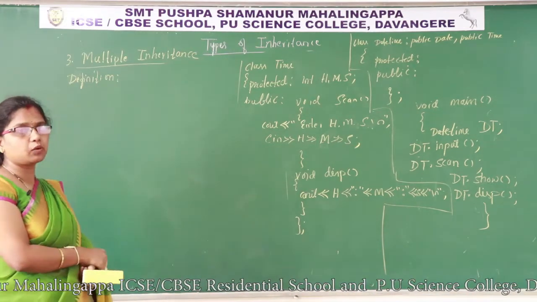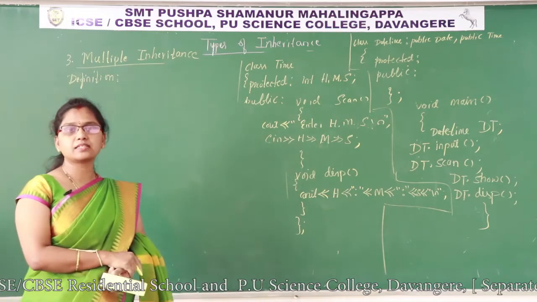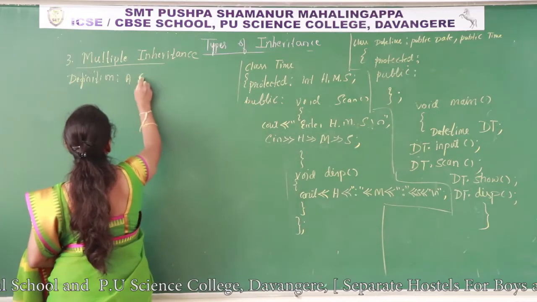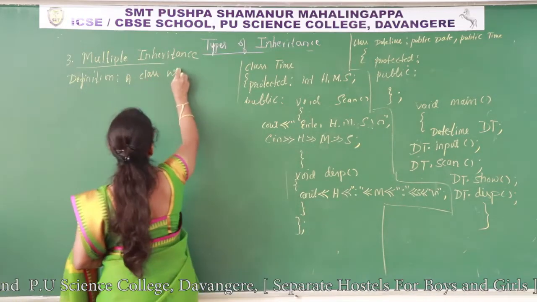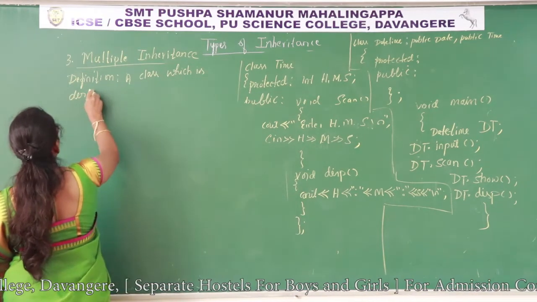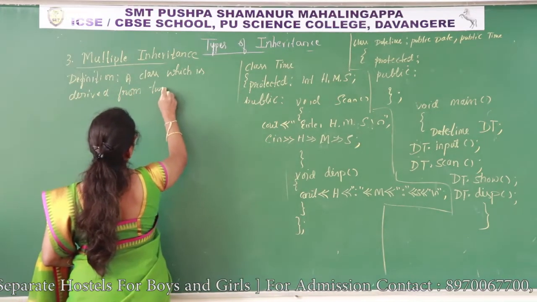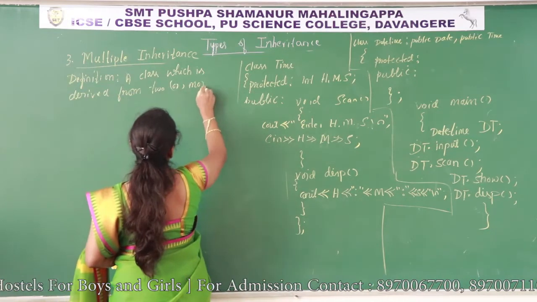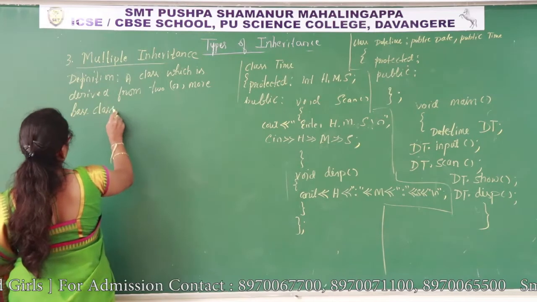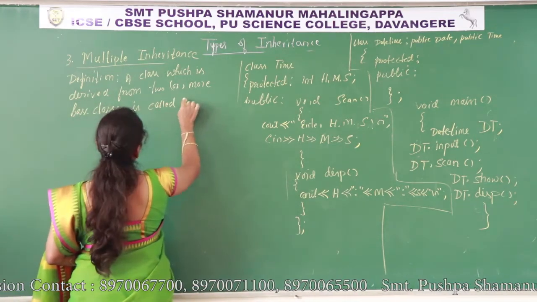By knowing this example, what we can say: a class which is derived from 2 or more base classes is called multiple inheritance.